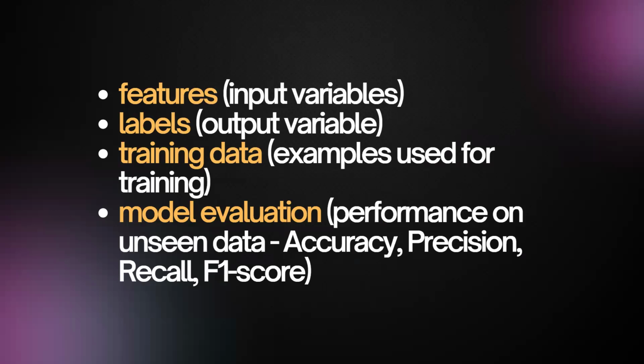Training data. These are examples used for training. We have a chunk of data, the entire 100%, and we're just going to use part of it, probably 70% or 80%, to train that model, and the rest for testing, or we can even keep some for a validation set. We'll come to that later. Model evaluation.